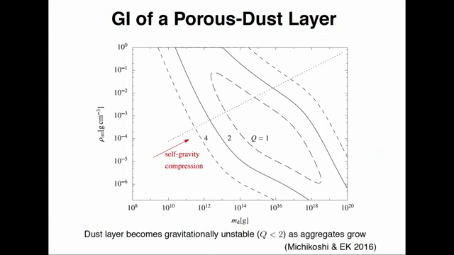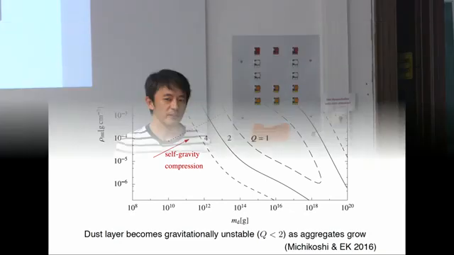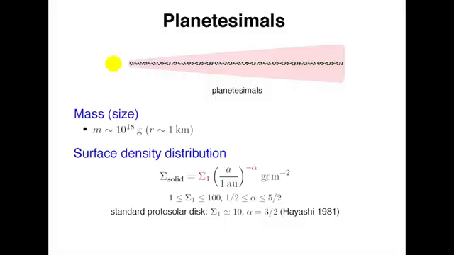So this is a kind of revival of the classical gravitational instability model, but with fluffy dust aggregates. With compact dust aggregates, we cannot expect that. But with fluffy dust aggregates, we can have this. Okay, but as Nadal already talked about, somehow we think the planetesimals are formed.